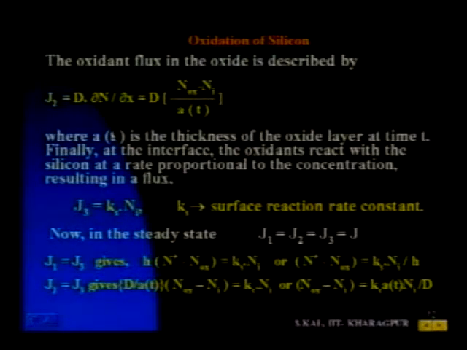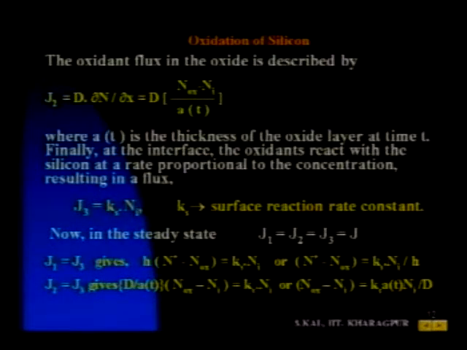Now we got three fluxes. One is J1, another is J2, another is J3. J1 is all in the gas phase, from the gas layer to the surface of the substrate. Then comes J2, which is just after absorption, from that region to the interface.